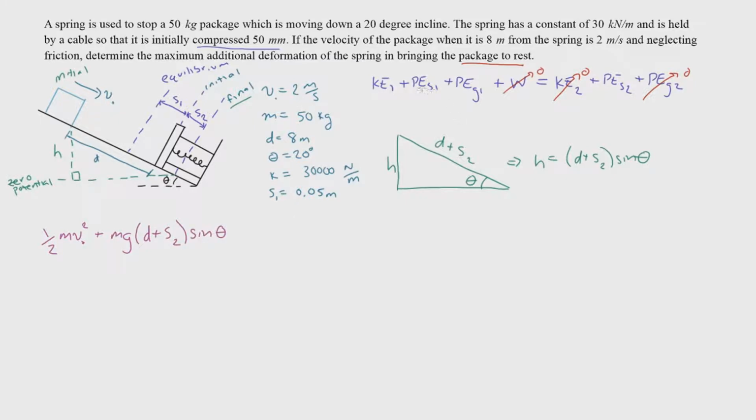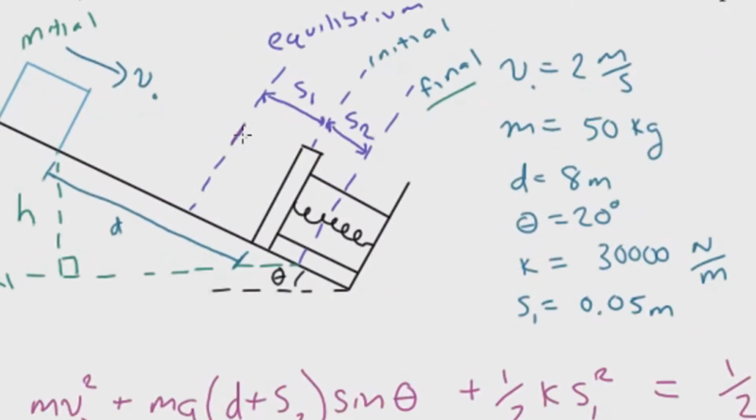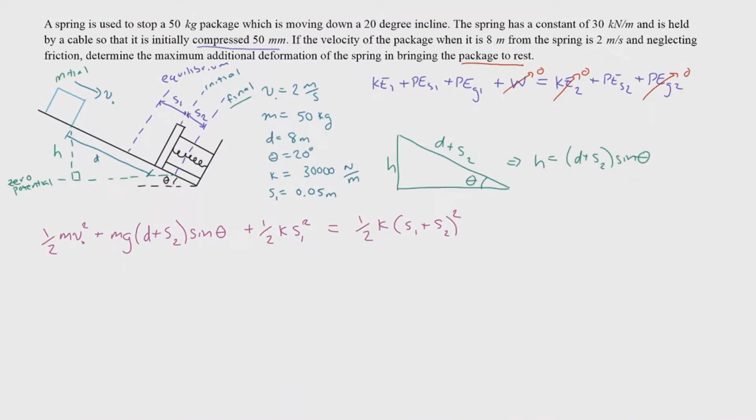We're also going to have potential energy of the spring, which is going to be plus 1/2 k s1 squared, and that's going to equal the potential energy of the spring in the second state, so that's going to be 1/2 k (s1 plus s2) all squared. And again, this part of the equation is the displacement of the spring from equilibrium. So we can see that the displacement is going from here to here. And that is it for our equation.